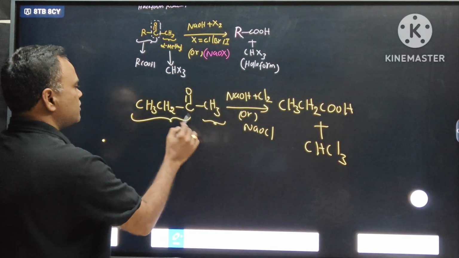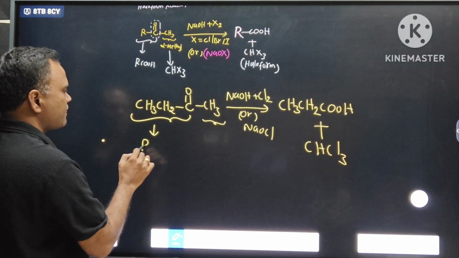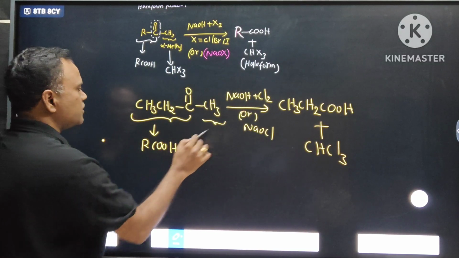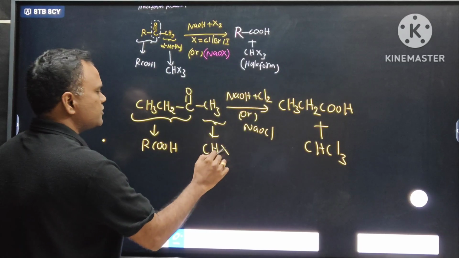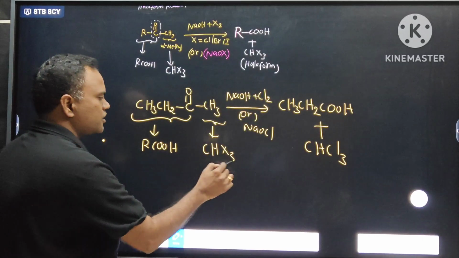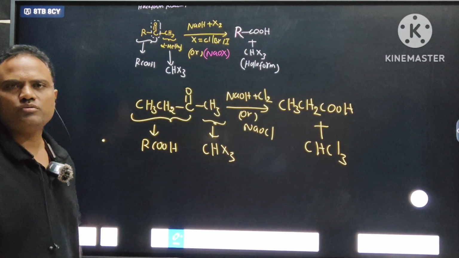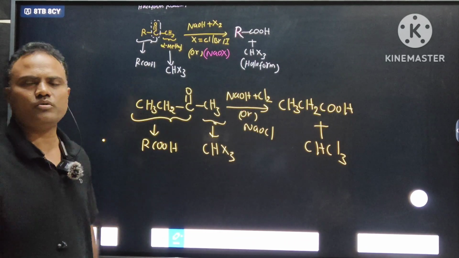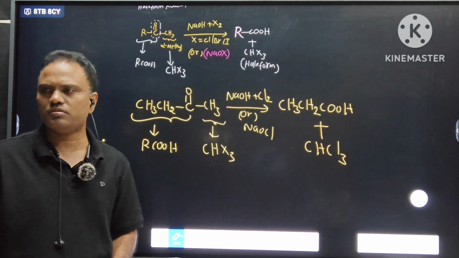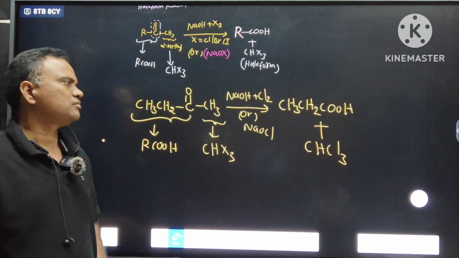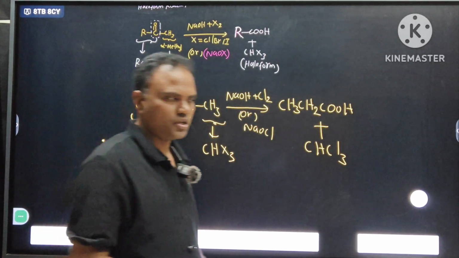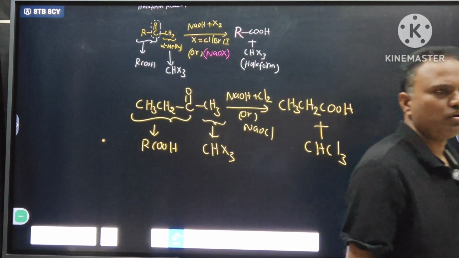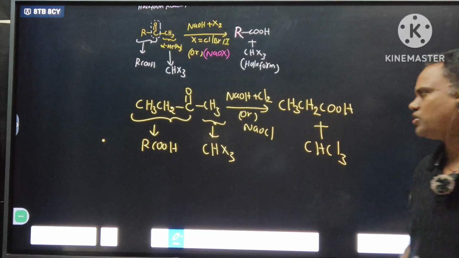So this part will convert to acid, COOH. This part will convert to haloform CHX3. That is the trick. Original mechanisms won't work here. Already we completed the original mechanism. For aldol condensation, for Cannizzaro reaction, the original is not needed. Shortcut is enough.